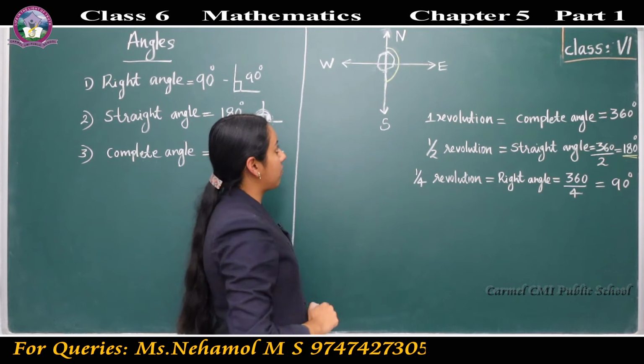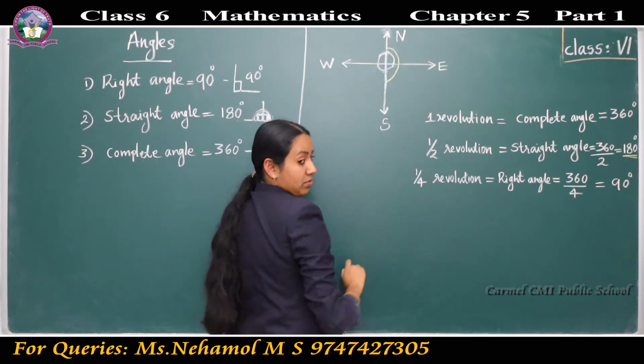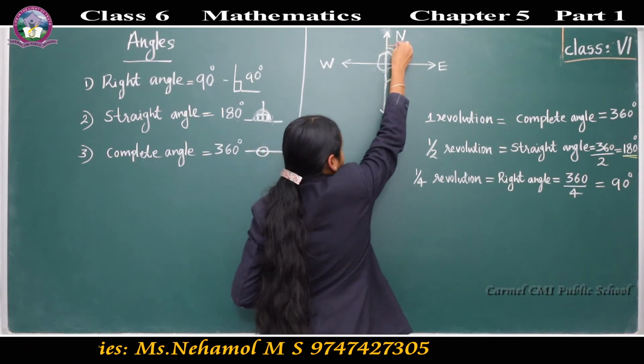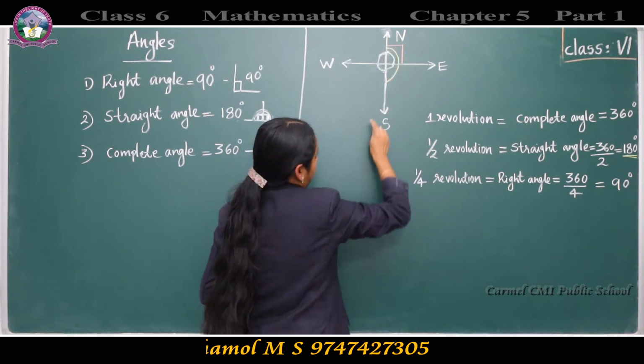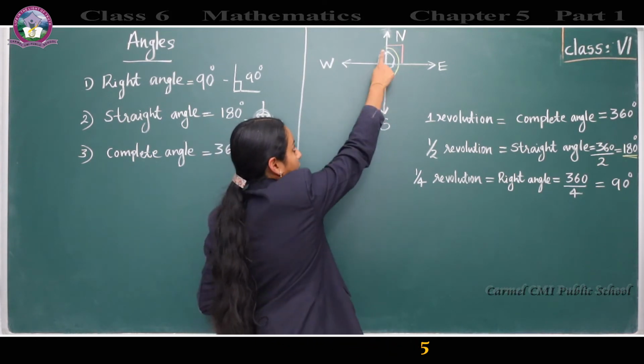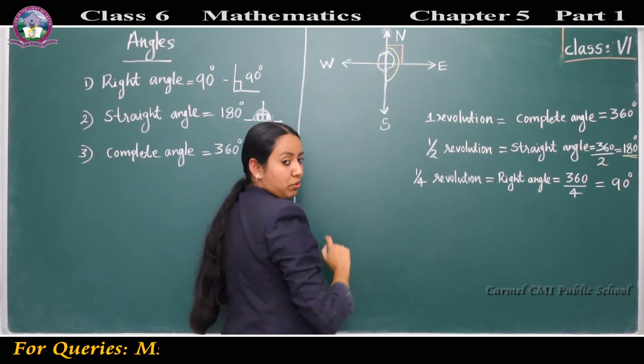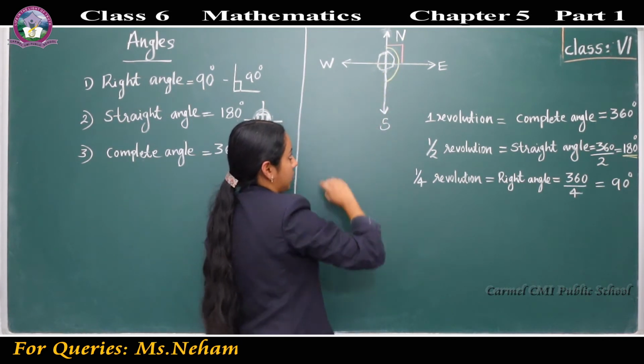Then next, if you start moving from north to east in the clockwise direction, we just made only 1/4 of a revolution.